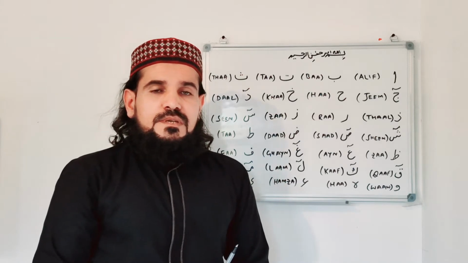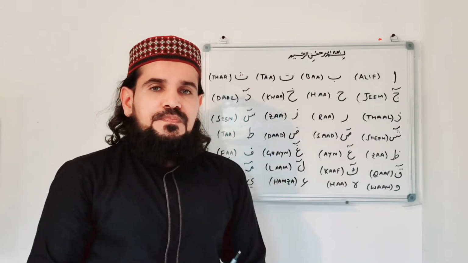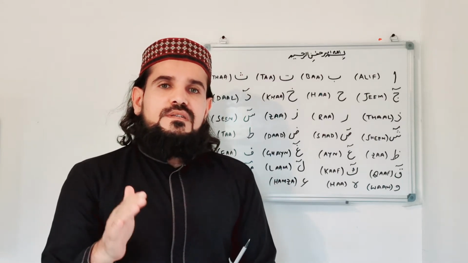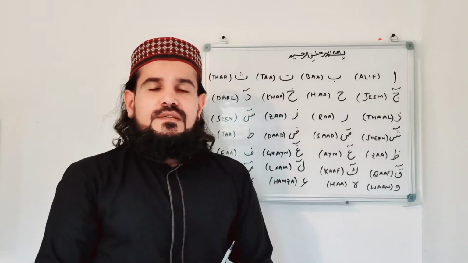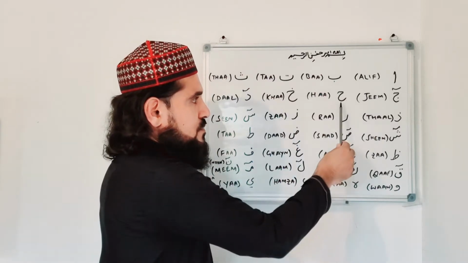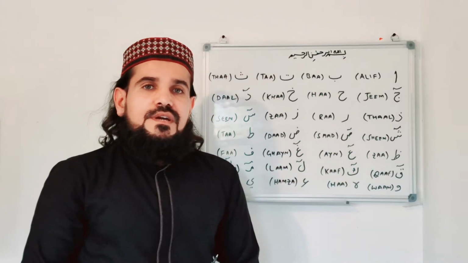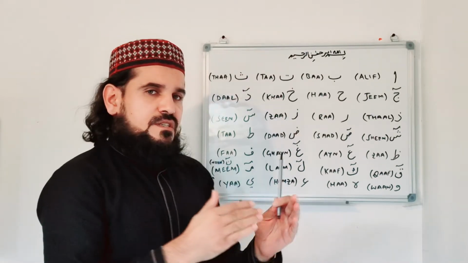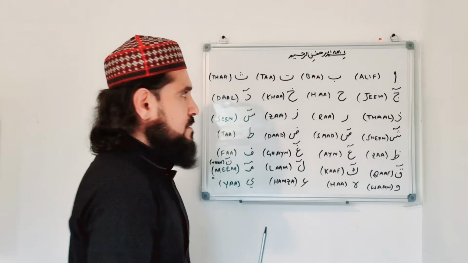So it will be Ha. If you take away the first part, then the sound will not be the proper sound. So to pronounce this one beautifully, you have to make it about 2 seconds long.